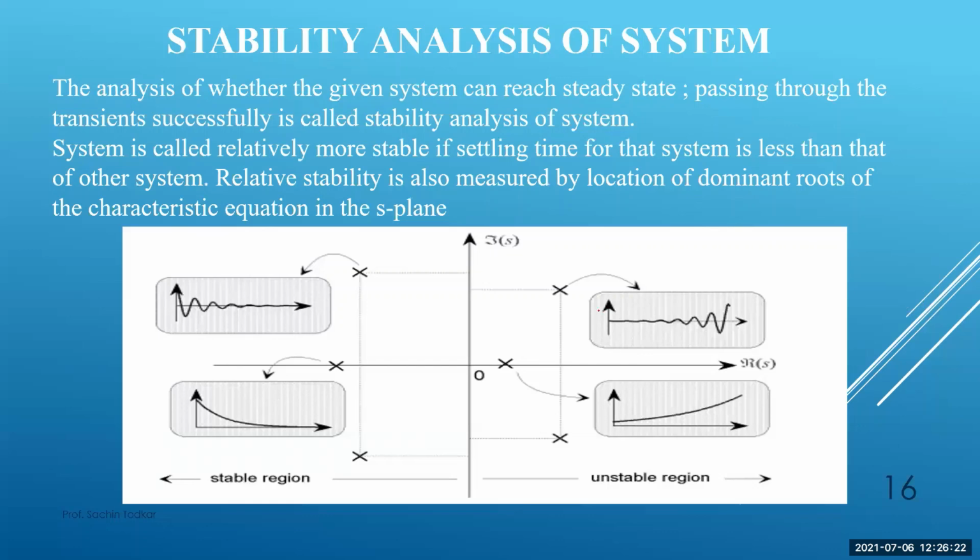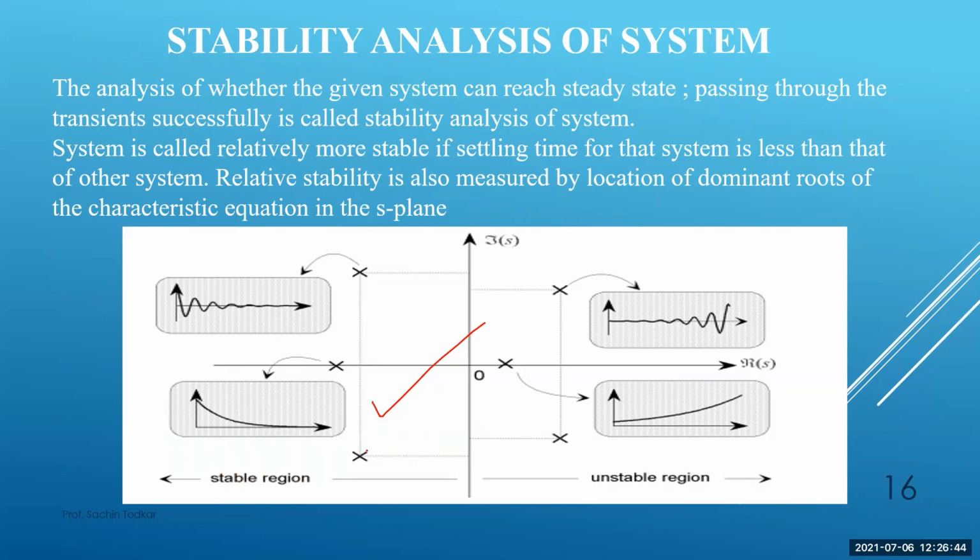So if we see in this plane, both the poles and zeros are negative, and in that case they will come in the region of this quadrant. And if the values are coming in this quadrant, then this is a stable region.